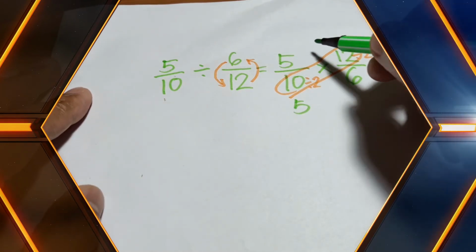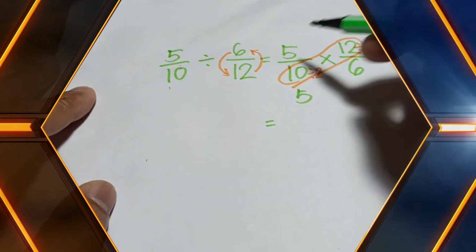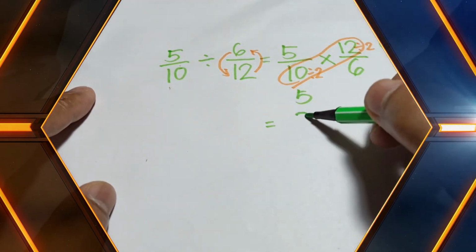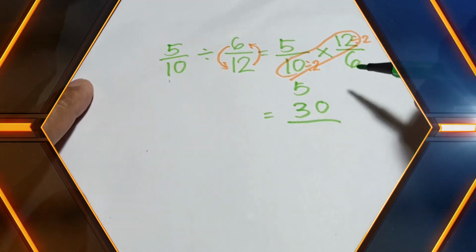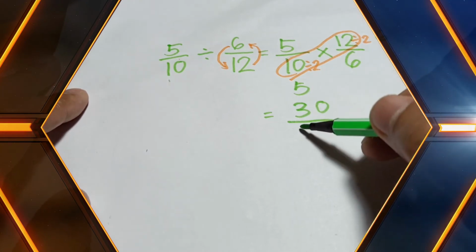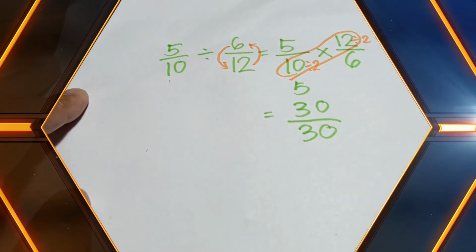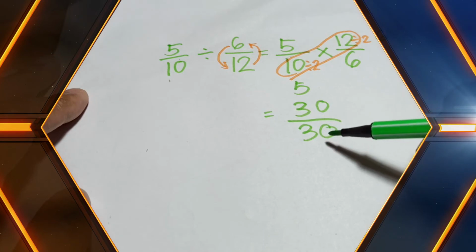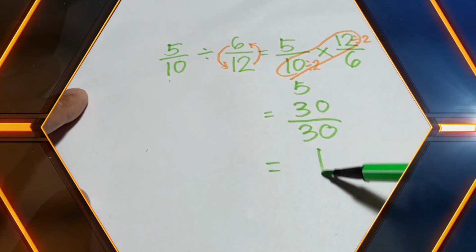So what is 5 times 6? 5 times 6 is 30, and then 5 times 6 again is 30. To simplify, 30 divided by 30 is 1.